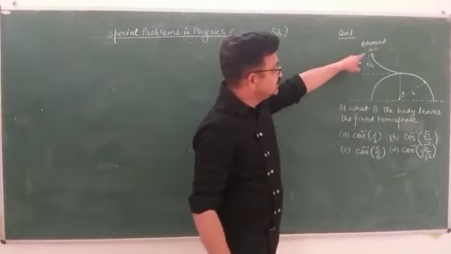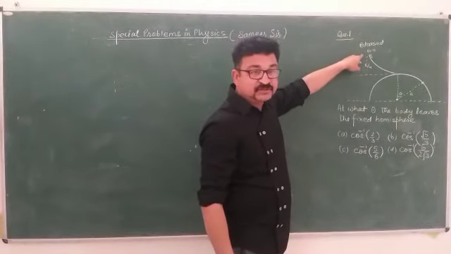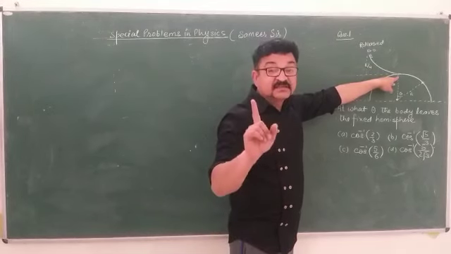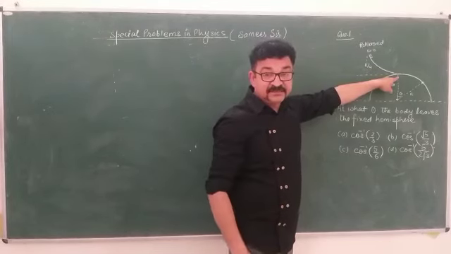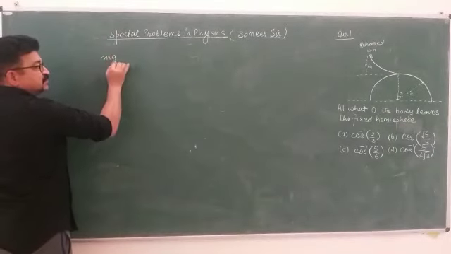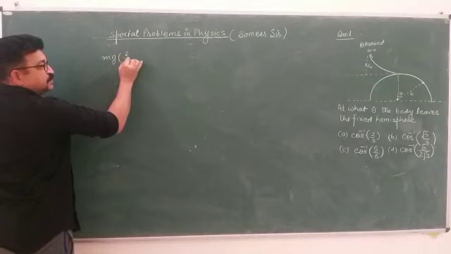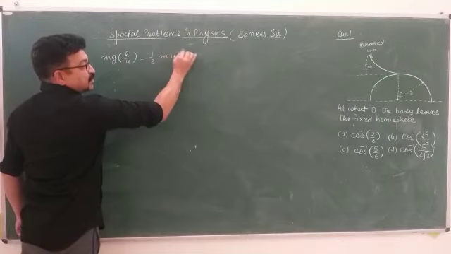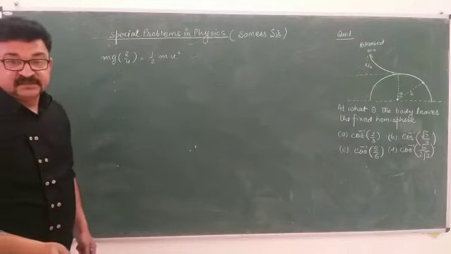When the particle is released from a particular position, it comes down and touches the highest point of the hemisphere. So what happens? The loss of potential energy of the particle changes to gain of kinetic energy.